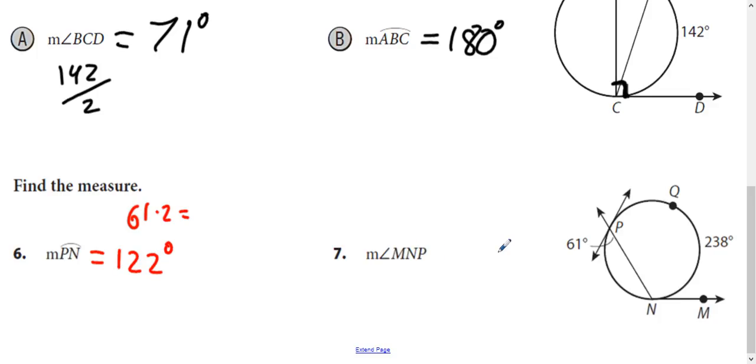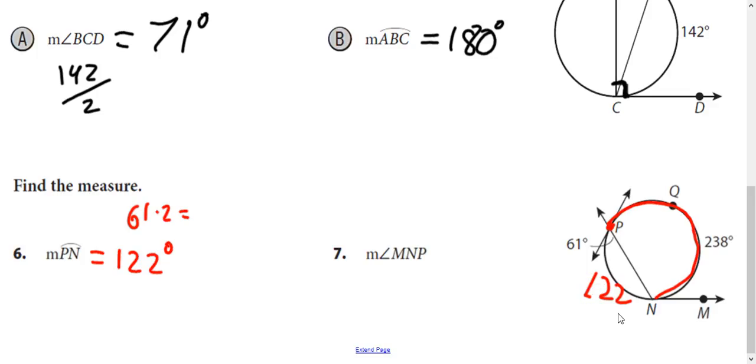And then angle MNP. So we have a secant and a tangent. So that whole way around right here, we're told is 238 degrees, which also makes sense with this 122 degrees we just found over here, because 122 plus 238 is 360, which is the whole circle.